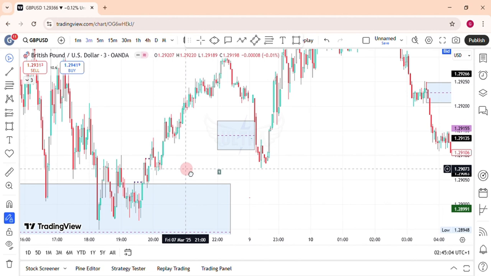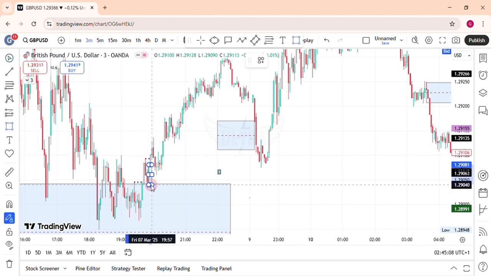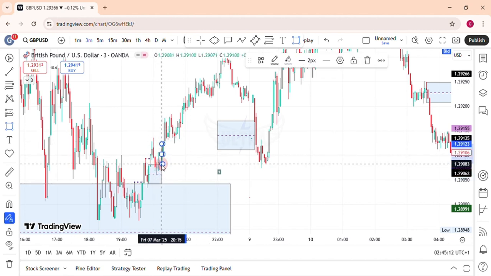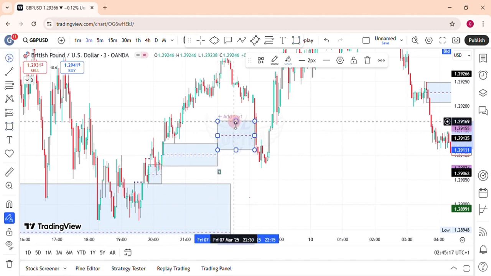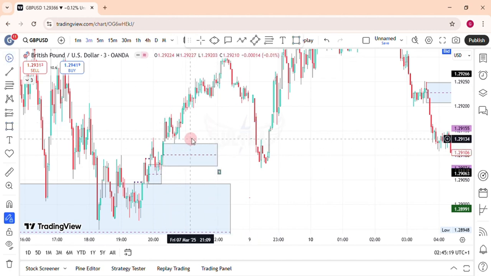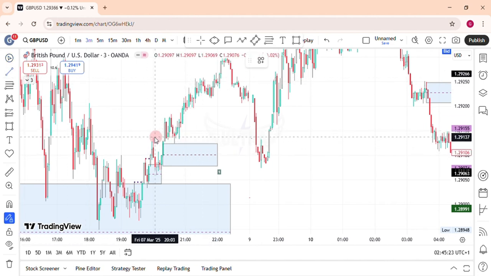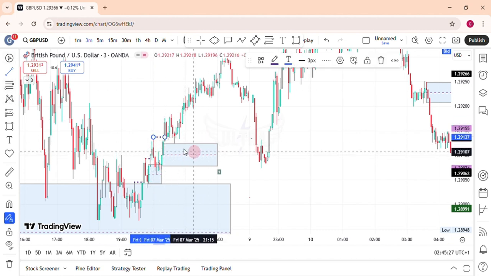So you can actually see that we have a fair value gap here that price has actually tapped into, and a newly formed fair value gap here. So we are anticipating that price should give us a break of market structure, which it did, and this fair value gap needs to be tapped into.